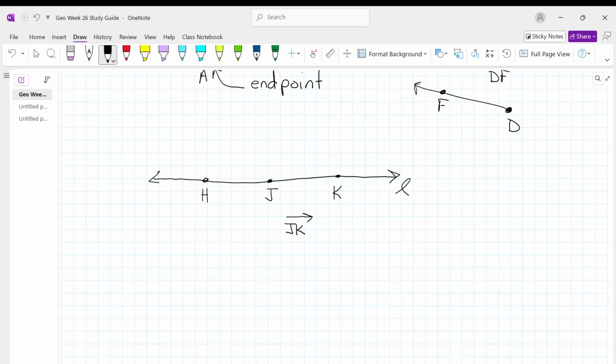There's another ray that starts at H and goes through K out here to the right. So we've got ray HK. We've got a ray that can start at K and go to the left through J and H. We would call that ray KH.